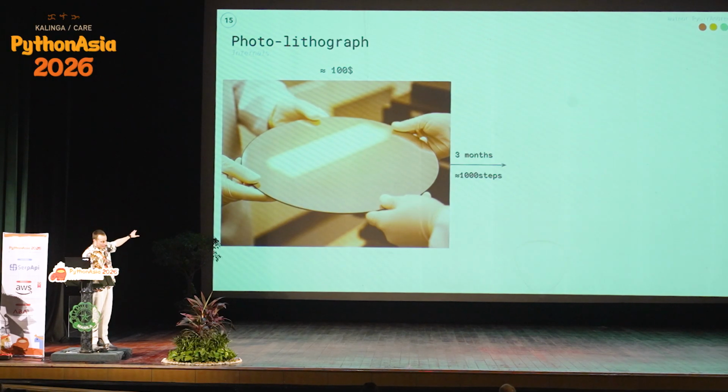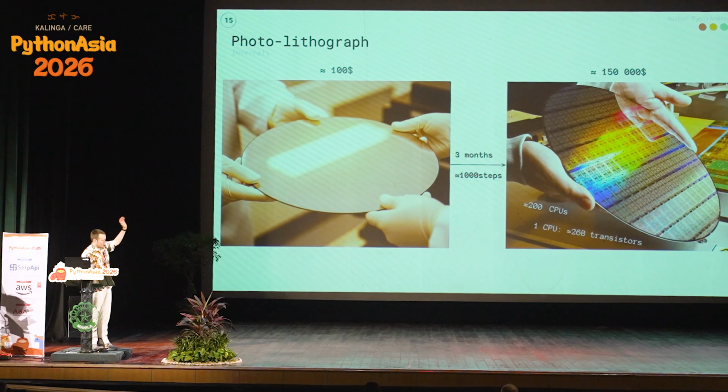And we had the wafer, which cost $100. After 3 months and around 100 steps, we achieve full wafers followed by chips like CPUs, GPUs, or other chips. And the cost increases much higher.